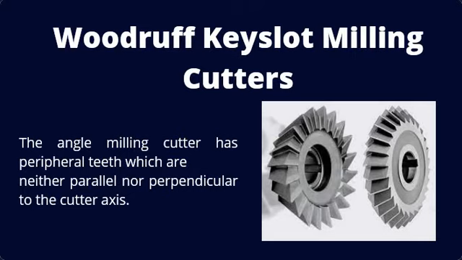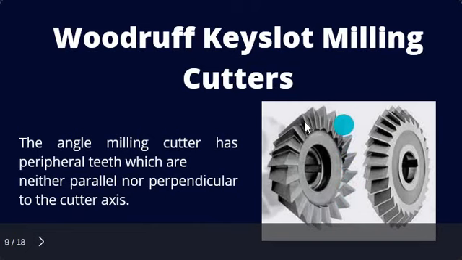These cutters may be single angle milling cutters or double angle milling cutters. The left part of this figure is the single angle milling cutter, and on the right side is an example of a double angle milling cutter.